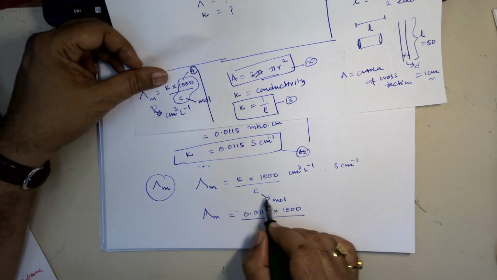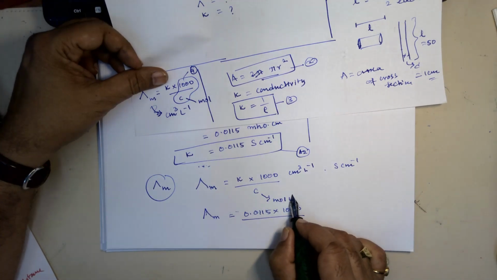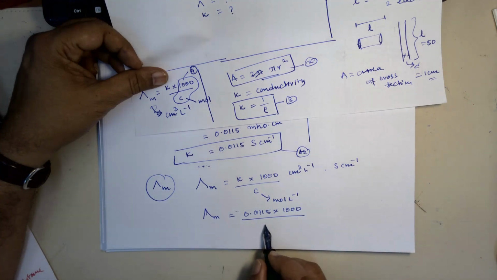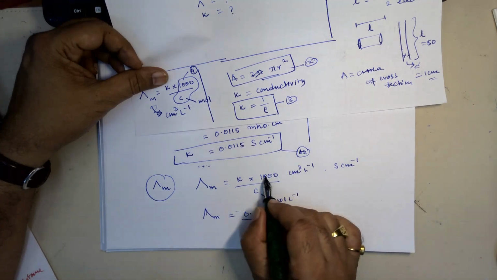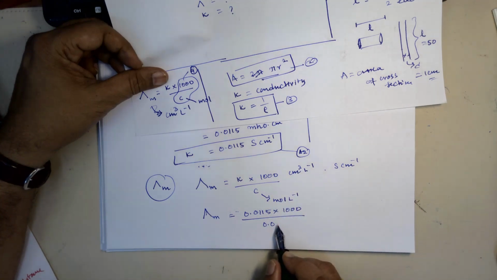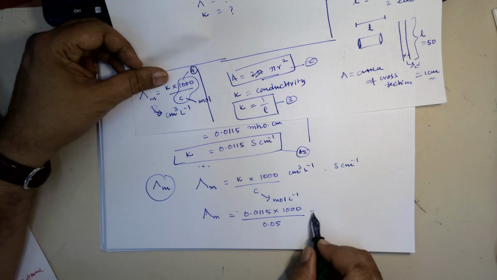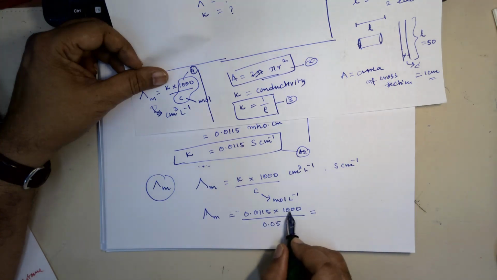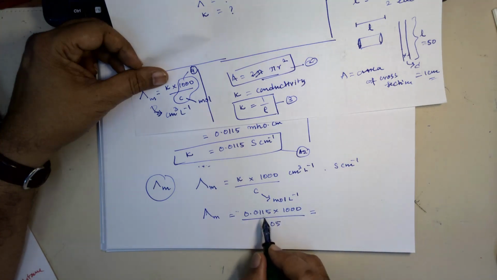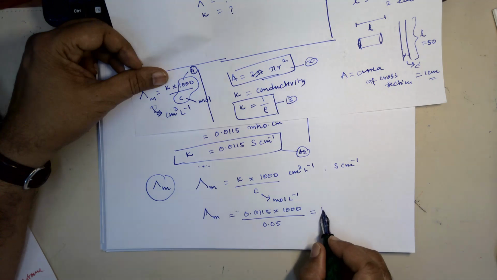Okay, because that is given in mole per liter. So 0.0, and this is the conversion factor for this. And 3 zeros means it becomes 11.5, right?